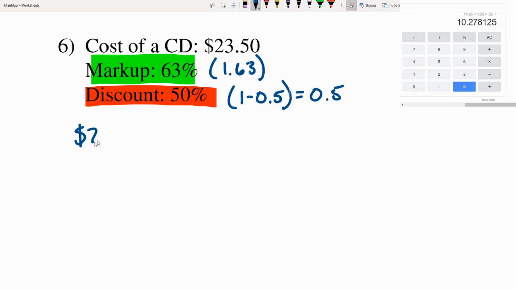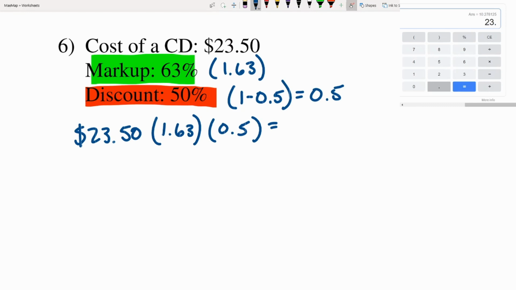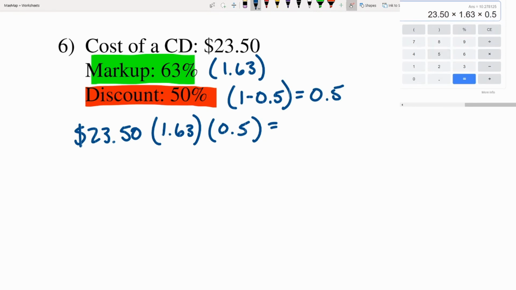So taking that original $23.50, we're going to multiply it by 1.63 and then multiply it by 0.5. $23.50 times 1.63 times 0.5, that's $19.15.